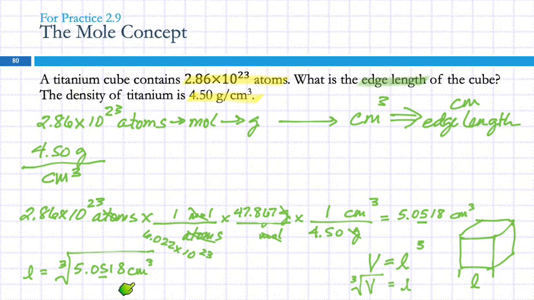And see how the units are participating here as well. I take the cube root of centimeters cubed, and I get centimeters, which is a length unit. So different calculators do cube roots differently. So I'll be happy to help you with yours during lab. We're still going to keep with the 3 sig figs. So 1.72 centimeters.